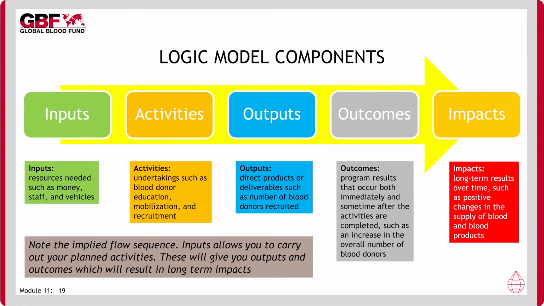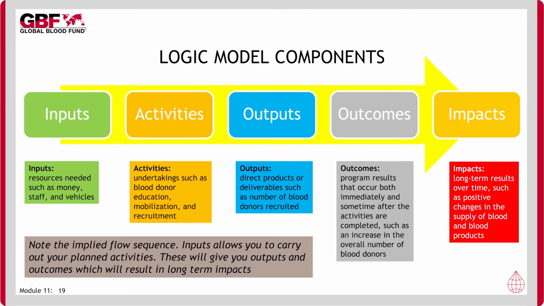The entire blood donor recruitment program can be broken down into 5 interrelated key components. These are inputs, activities, outputs, outcomes, and impacts. The inputs are the resources needed and used in a blood donor recruitment program, such as money, staff, and vehicles.